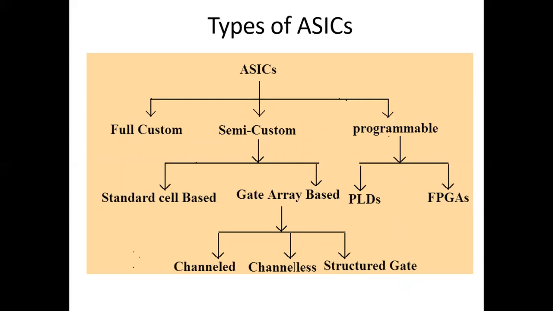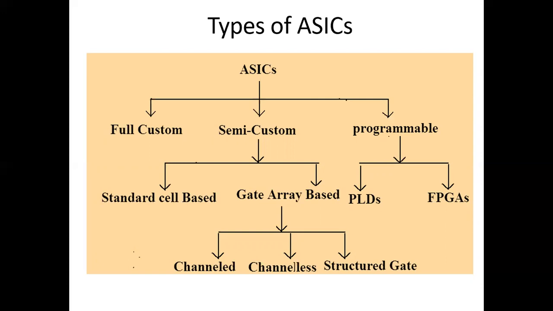Different types of ASIC. Normally we find 3 major types of ASIC. We saw many things there, so that you don't forget, I have made this table for you. One is full custom, another is semi custom, and another is programmable. Semi custom is mainly of 2 types: standard cell based, and gate array based.